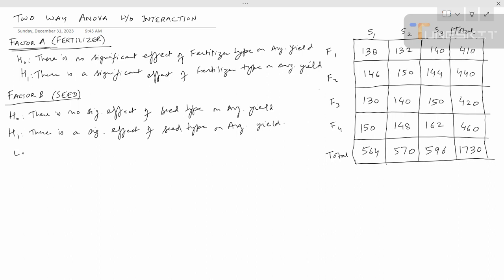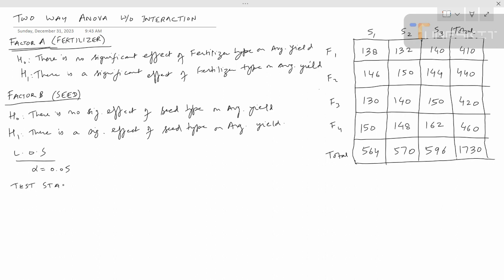Now, as usual, we state the level of significance and just assume that you are asked both the hypotheses to be tested at the 0.05 significance level, and we usually take the same significance level for both.